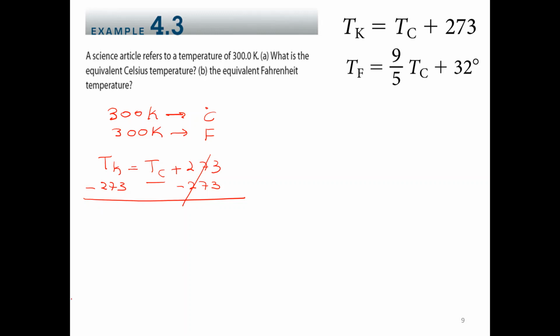Then this equals 300 minus 273, and this equals 27.